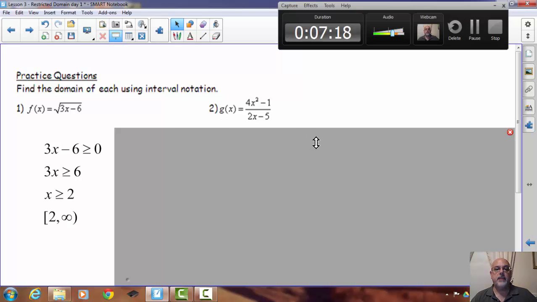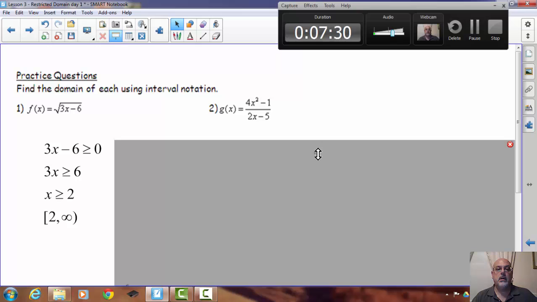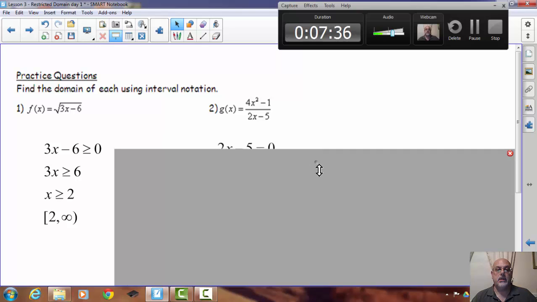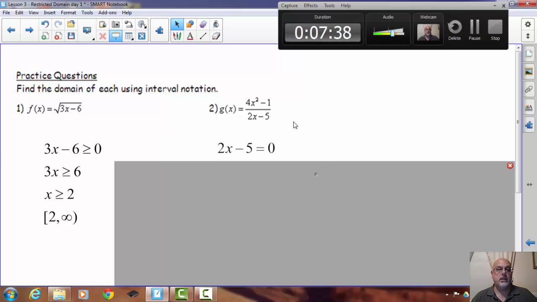If we look at example 2, we're only concerning ourselves with the denominator. Since it's a fraction, that's all we really care about. We're not looking for any value that will cause our denominator to be a 0. So we set our denominator equal to 0. 2x minus 5 is equal to 0.